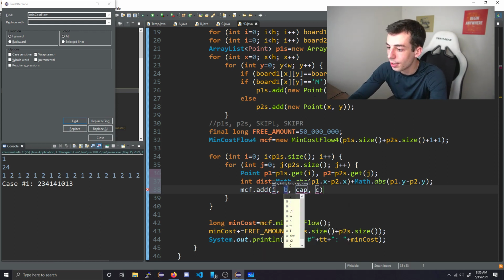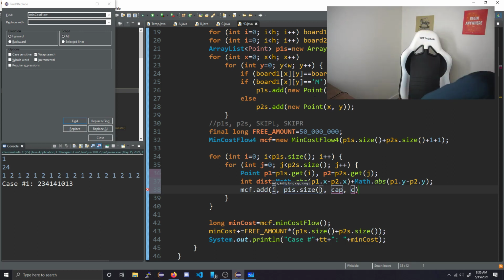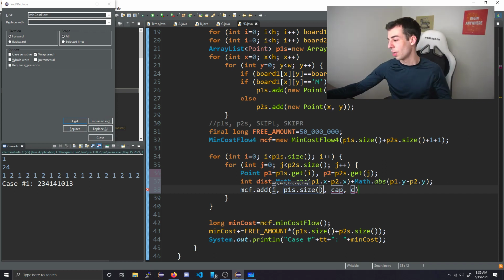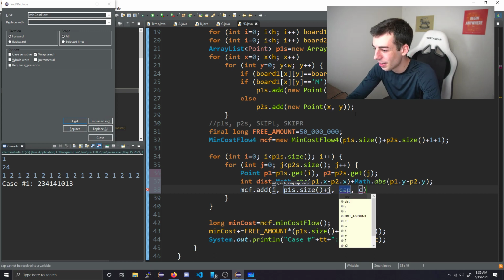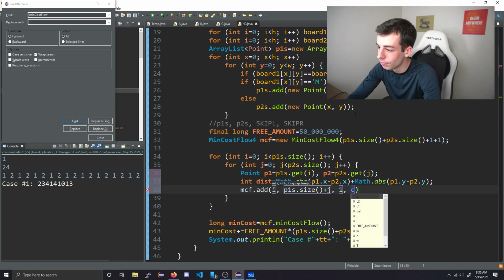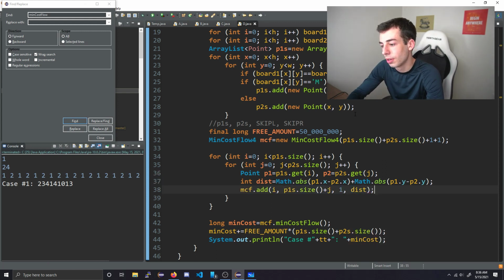Go from i to p1's dot size plus j. The cap is 1. The cost is the distance.